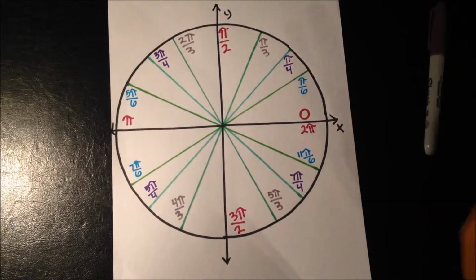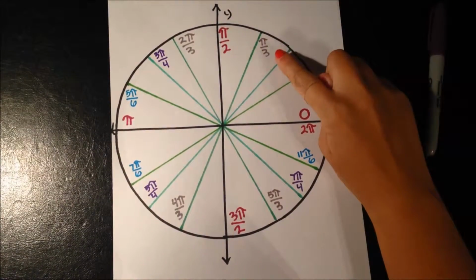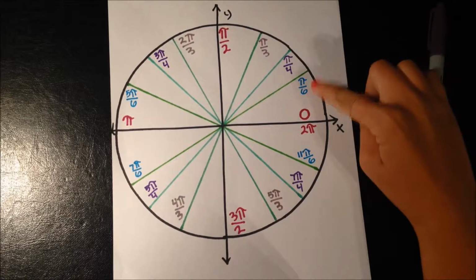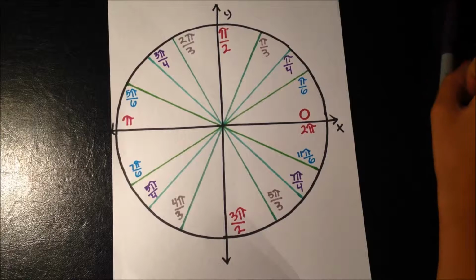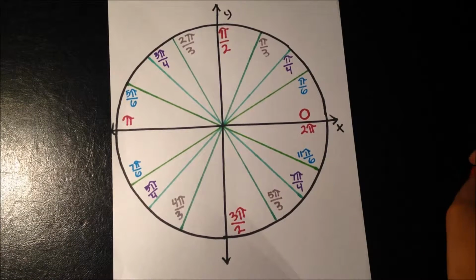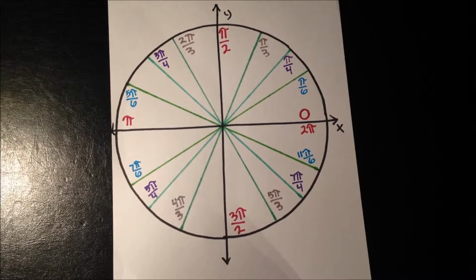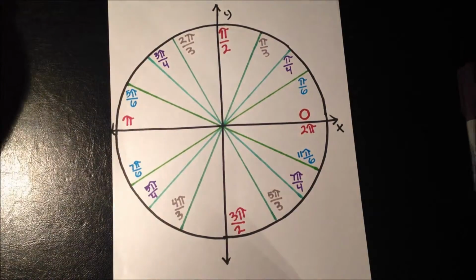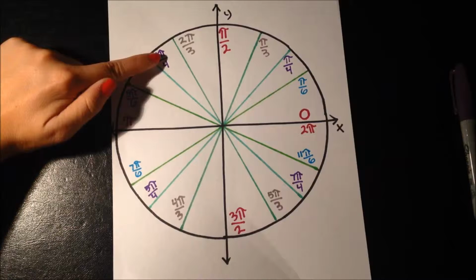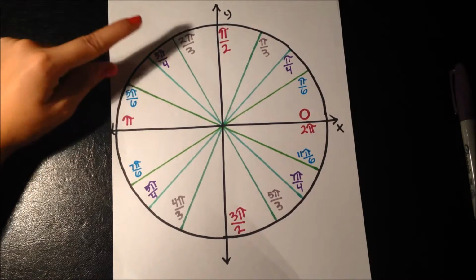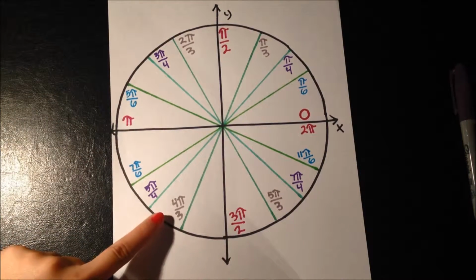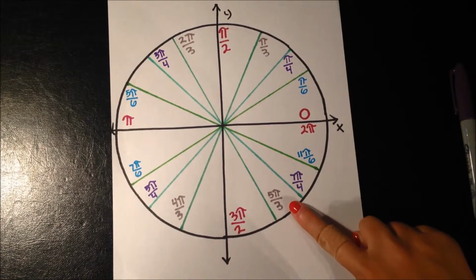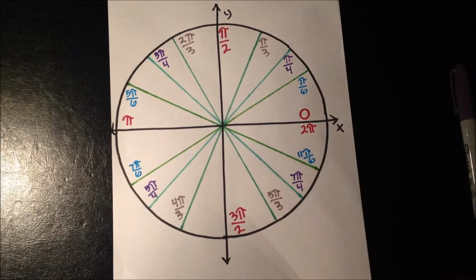Okay, finally we have pi over 3, which is larger than pi over 6 because we are dividing by a smaller number, so the leftover amount will be larger. And so if you reflect pi over 3 over the y-axis, we have 2 pi over 3, and we reflect it over the x-axis, 4 pi over 3, and reflect it back over the y-axis, finishing with 5 pi over 3.